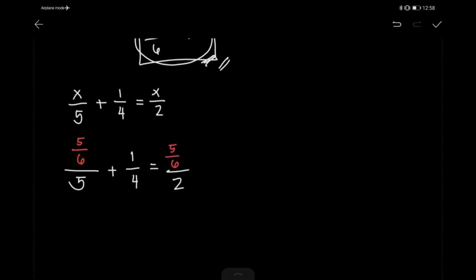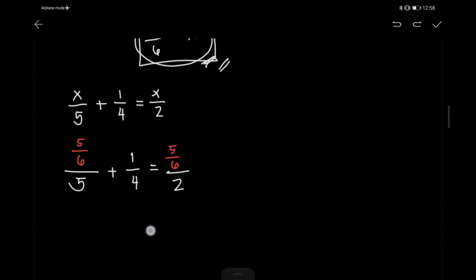So we have here our operation, 5 over 6 all over 5, or division. If we are going to divide a fraction, what we are going to do is take the reciprocal of the denominator, then multiply it to the numerator.